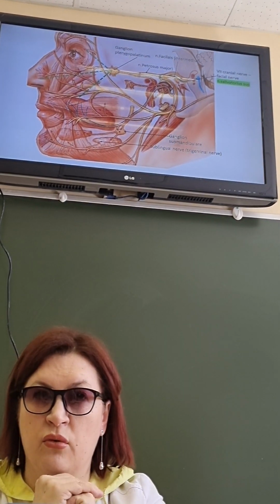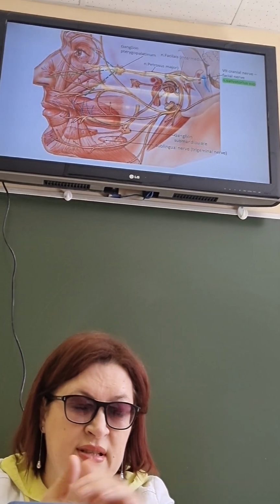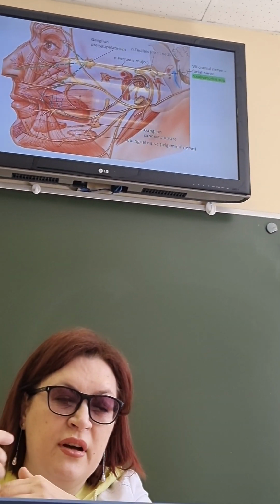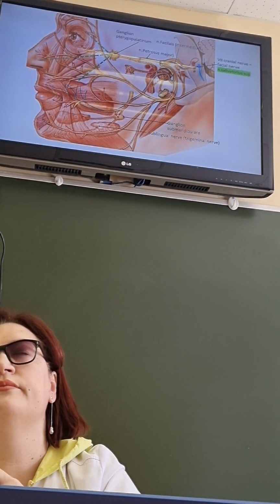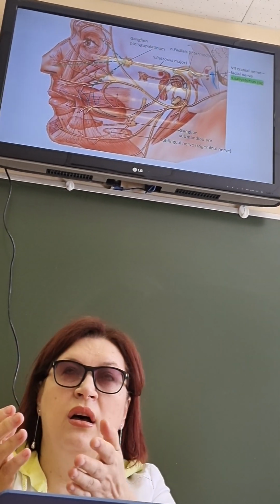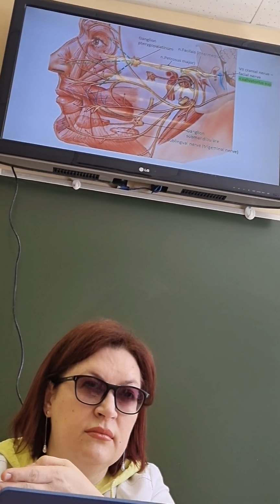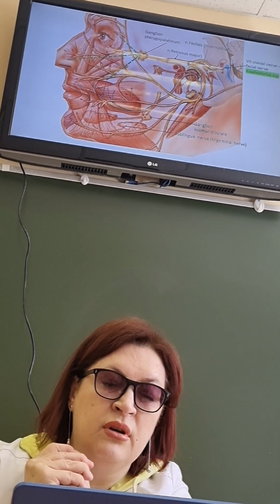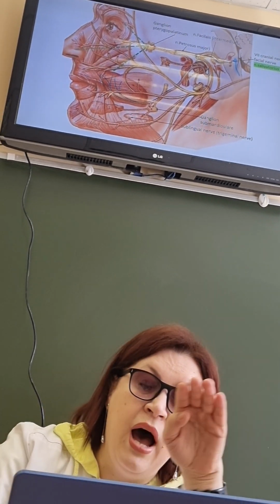ganglion. It contains the bodies of the third neurons, efferent, parasympathetic neurons. Preganglionar fibers, which form the chorda tympani, are myelinated and have the white color.